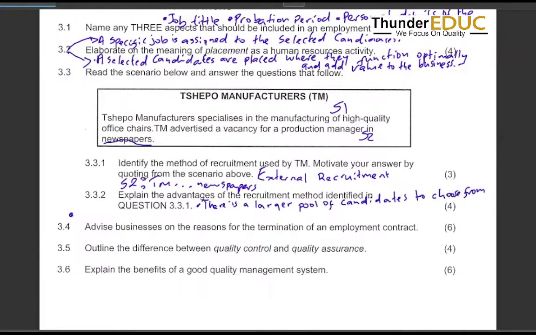Okay, so now the second one says new candidates bring new talents into the business.